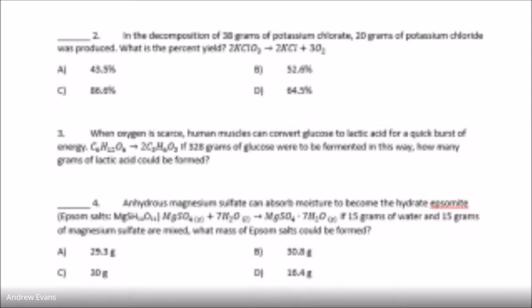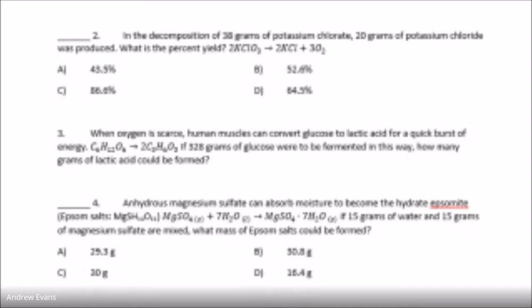So it splits the molecule in half. If 328 grams of glucose were fermented in this way, how many grams of lactic acid could be formed? Now notice, this is splitting apart into 2 identical molecules. No new mass is coming in, no new mass is coming out. 100% of glucose is being converted into lactic acid.